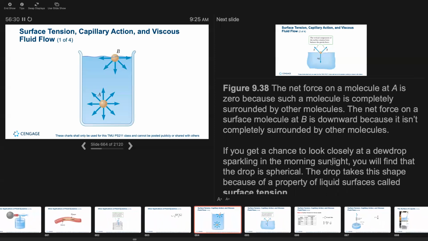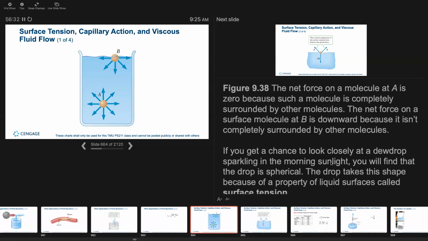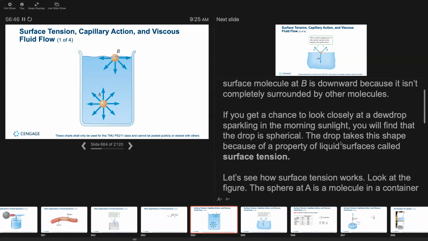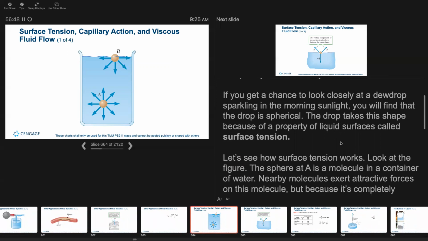So in this figure, the net force on a molecule at A is 0 because such a molecule is completely surrounded by other molecules. The net force on a surface molecule at B is downward because it isn't completely surrounded by other molecules. If you get a chance to look closely at a dewdrop sparkling in the morning sunlight, you'll find that the drop is spherical.